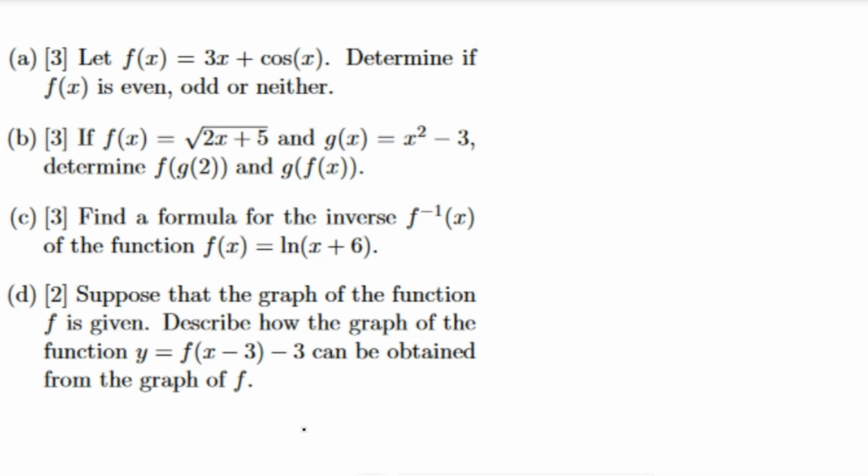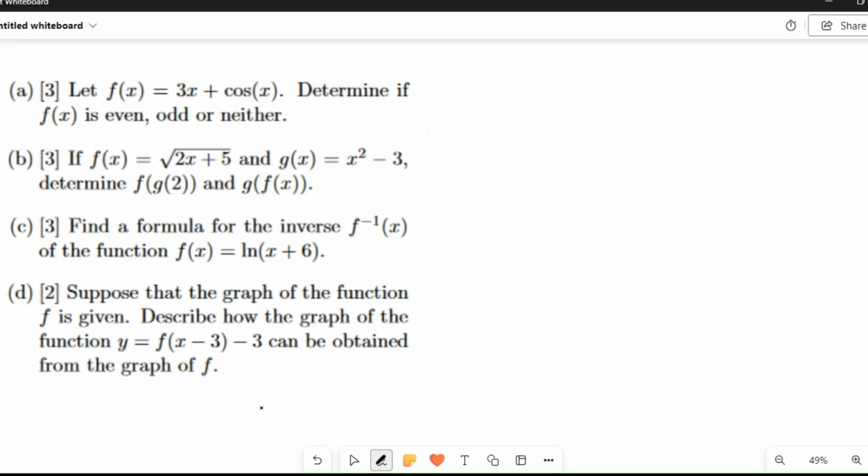Alphabet B says here, if f of x is given by the square root of 2x plus 5 and g of x is given by x squared minus 3, determine f composed with g at 2. You also want to check g composed with f. Okay, let's start with the first one.